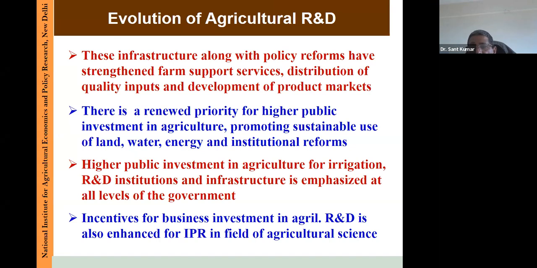So there has been a renewed priority for public investment in agriculture, promoting the sustainable use of land, water, energy, and institutional reforms. Higher public investment in agriculture for irrigation, R&D institutions, and infrastructure is emphasized at all levels of the government, be it central government or state government.